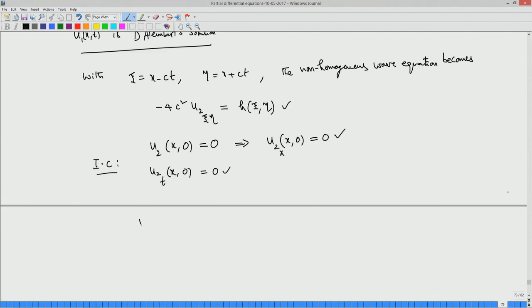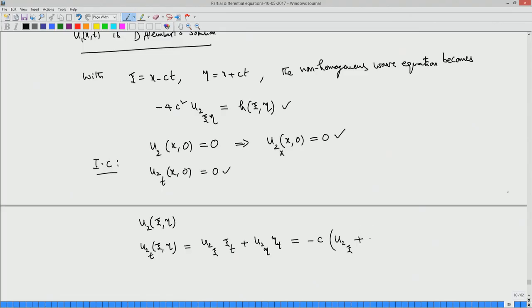So, now u2 is a function of xi and eta. What is u2t in terms of xi and eta? So, u2t is u2 xi times xi t plus u2 eta times eta t. So, xi t is minus c and eta t is plus c.